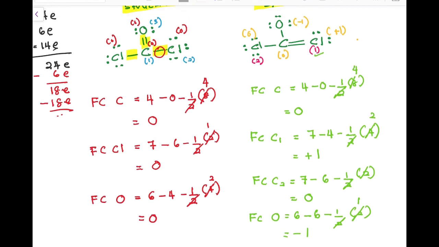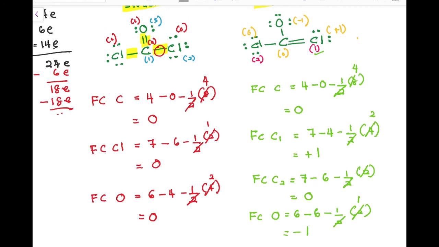The question, which one is more plausible? The most plausible structure is if the formal charge is equal to 0 or closest to 0, that is one point. The second point is more electronegative ion or atom should get a negative value. So in this case, the most plausible is structure A because all the atom have the formal charge equal to 0. Right?